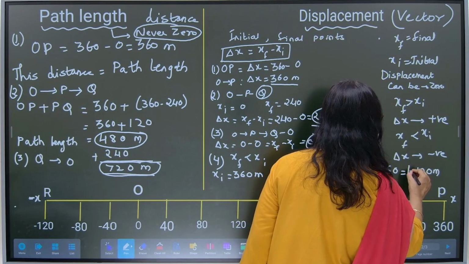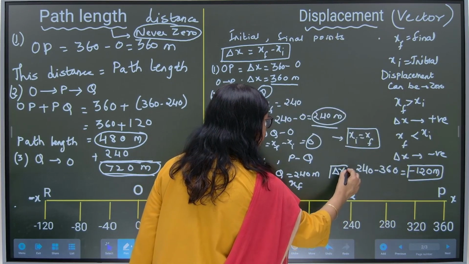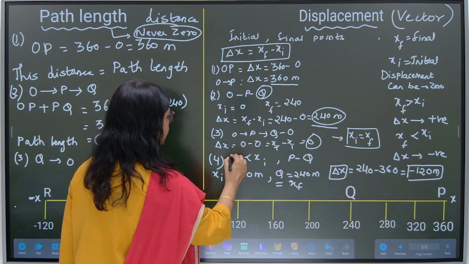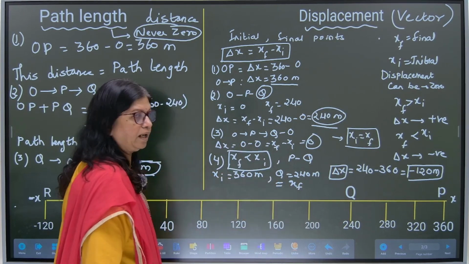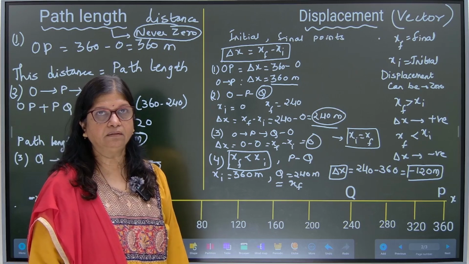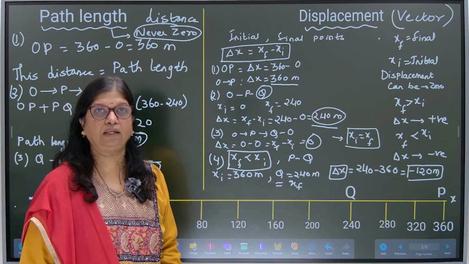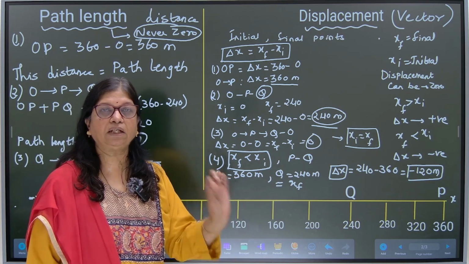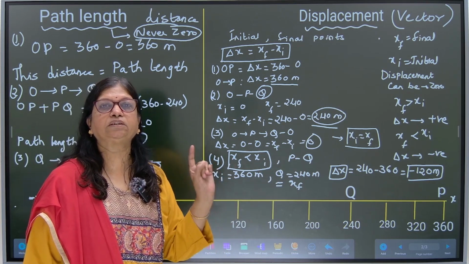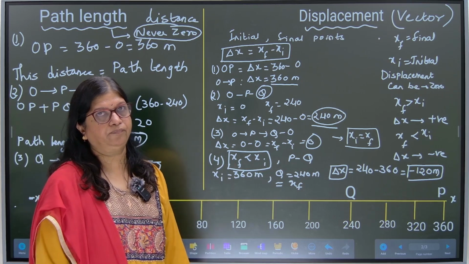So I have got a negative answer for delta x when xf is less than xi. Agreed? This negative symbol indicates the displacement direction is in the negative x direction. Remember that.